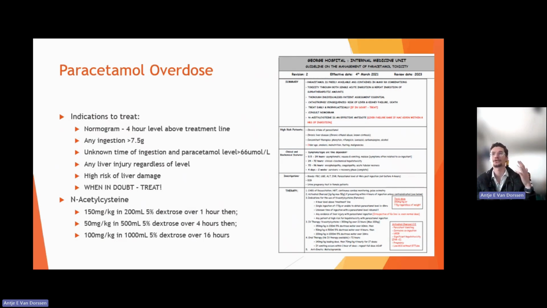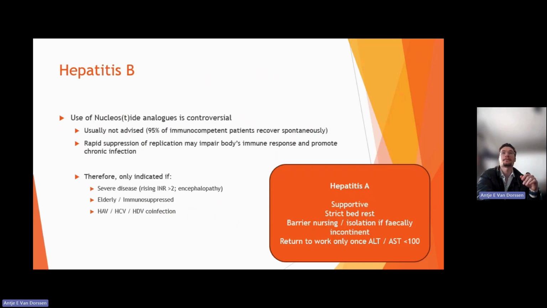So basically, when in doubt, treat. If you're not sure, the patient's confused, just treat. N-acetylcysteine is given according to that protocol, but we can concentrate it a little bit more if necessary.